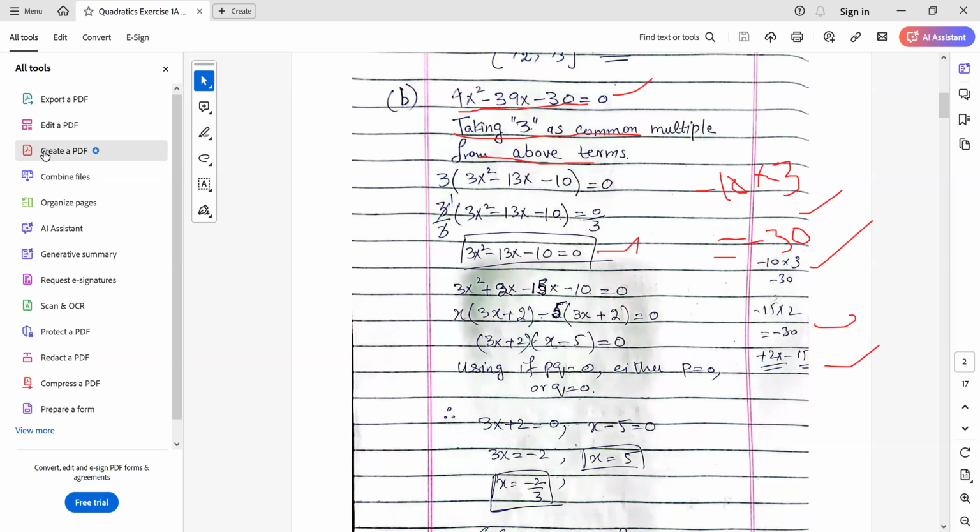Okay. And in this way we can find our desired roots. And moving on to our next example, which is also related to factorization.